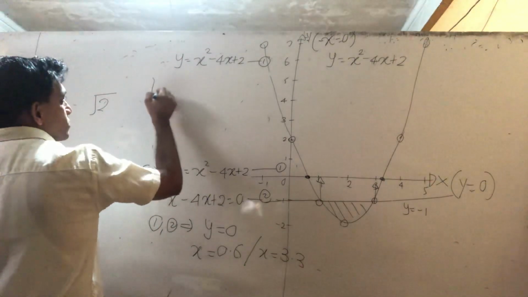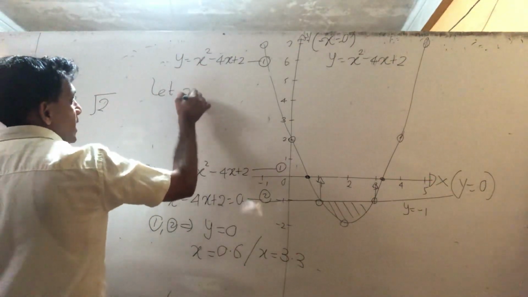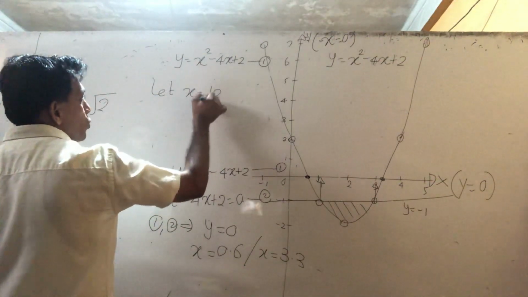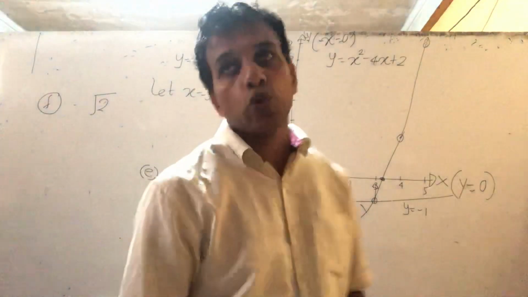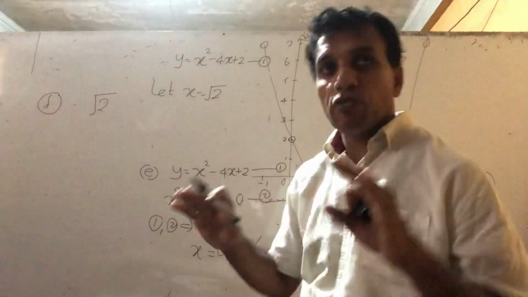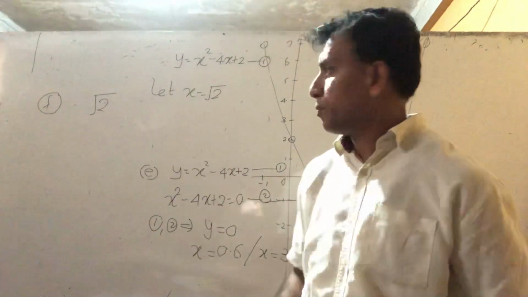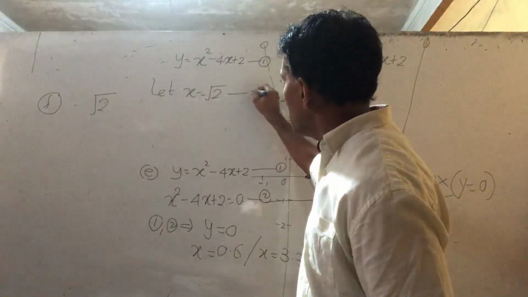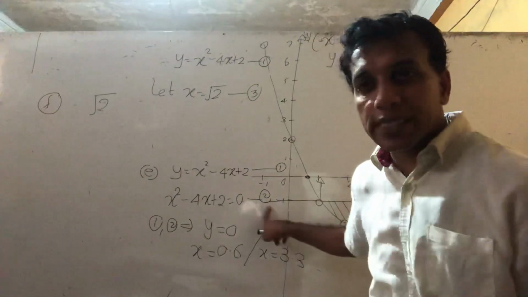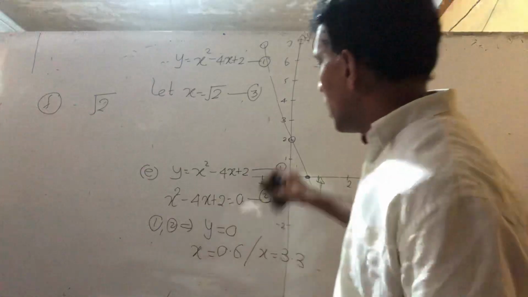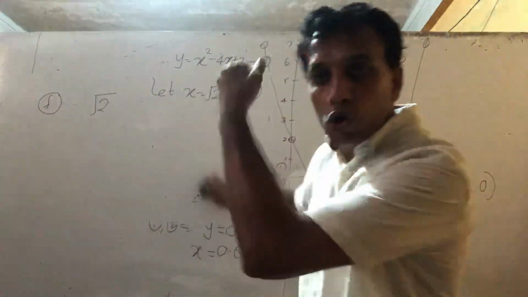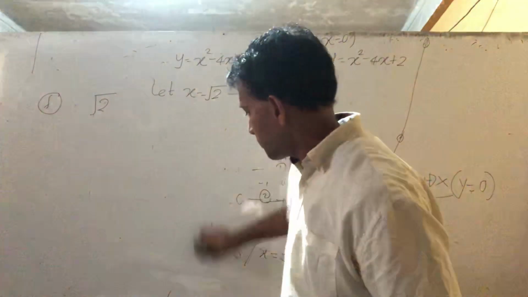Let x equal square root 2. If they ask root 5, take x equal root 5. And I say that's number 3, the second equation. Now the idea is to solve this pair of equations.